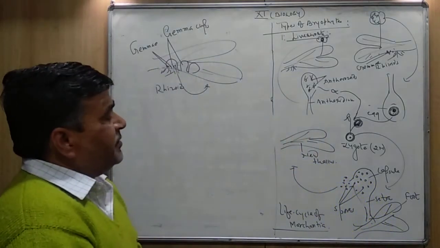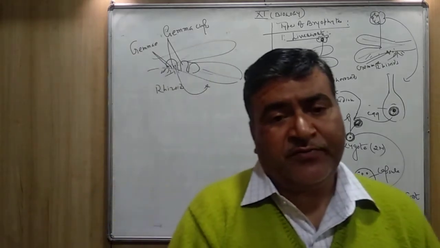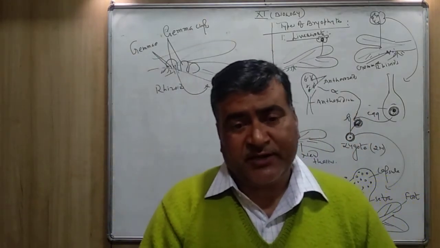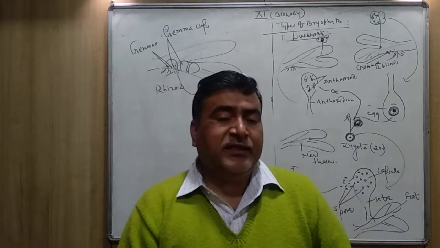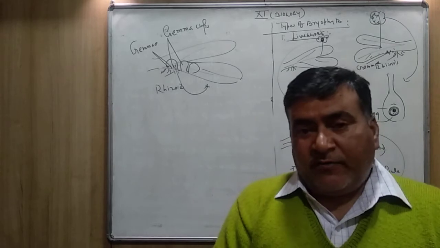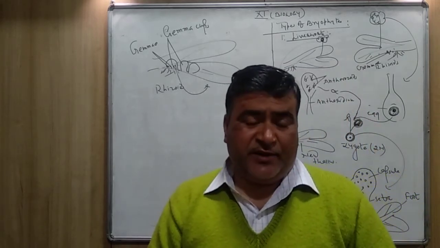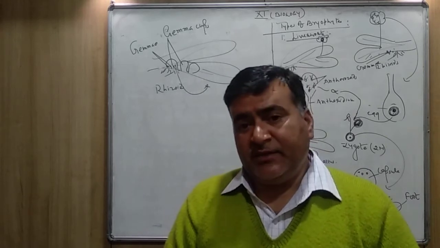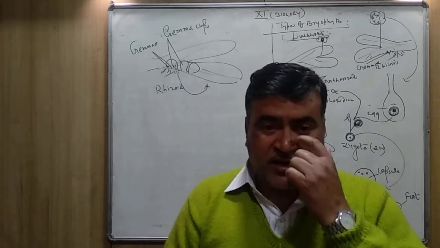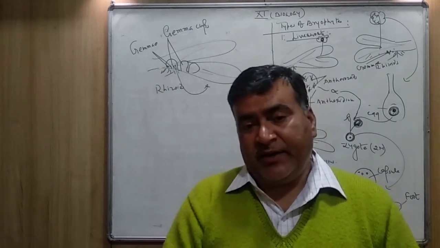Now about the sexual reproduction. Yesterday I taught you about sexual reproduction, that the main plant of the bryophyte is the gametophyte. As the body, it produces what? Gametes. Why is it said to be the gametophyte?